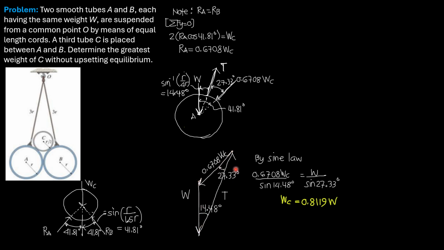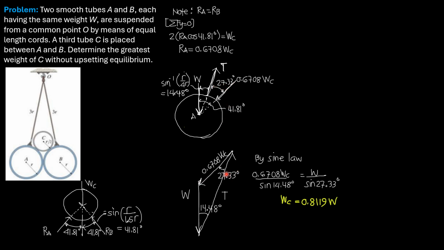So I begin with W, vertical. Next is T, which makes an angle of 14.48 degrees with the vertical. Then this is the transmitted reaction, 0.6708 WC, which makes with T an angle of 27.33 degrees.